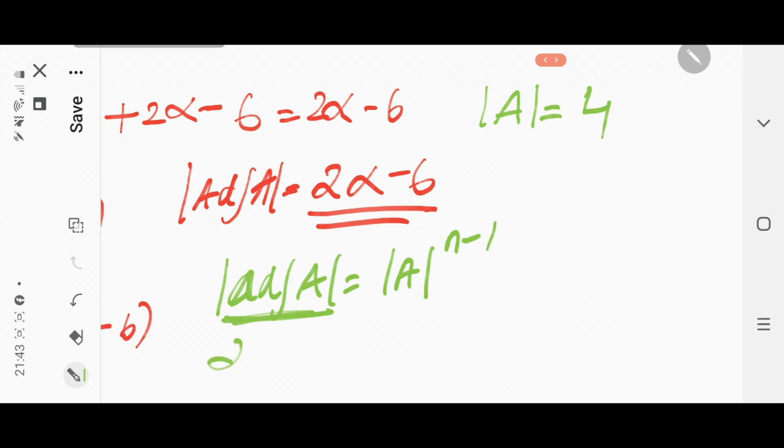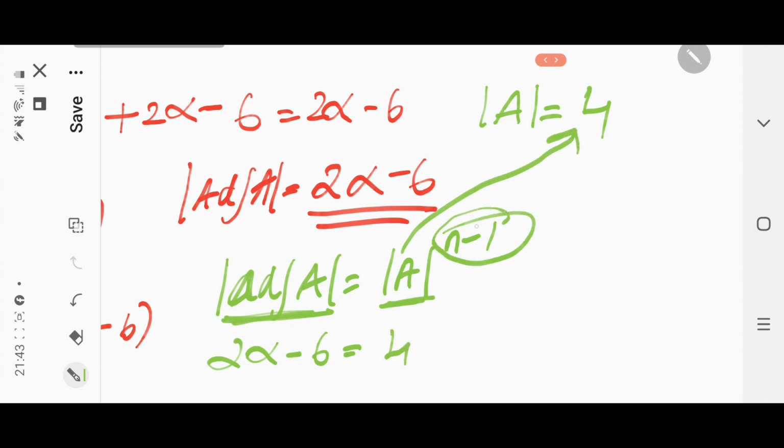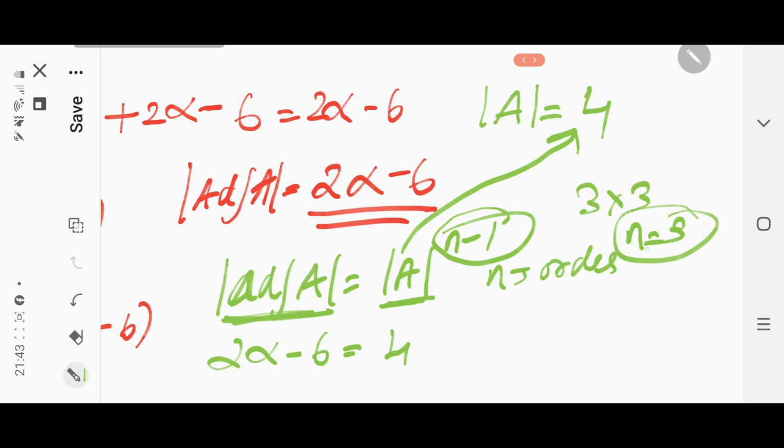The determinant of adjoint A you found is 2 alpha minus 6, and determinant A is 4 raised to n minus 1, where n is the order. Here it is a 3 by 3 matrix, which means n is equal to 3.